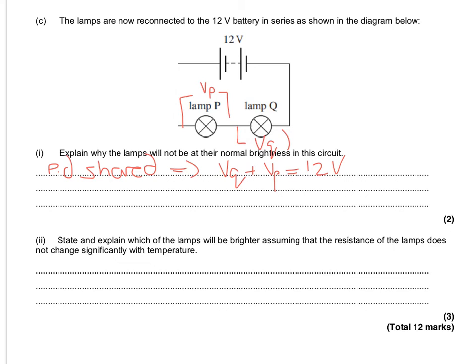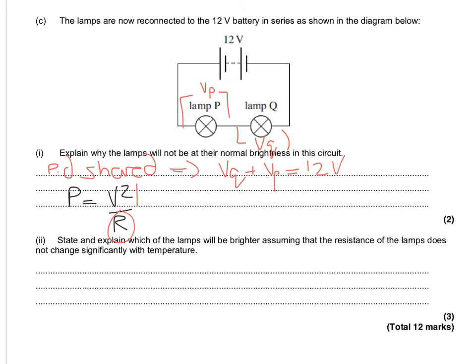Now we know that, we need to think about how that's going to affect the power, because that's what's going to decide how bright they are. Remembering we've got this equation here, V squared over R. For the bulb P, R is unchanged, so this is a constant.